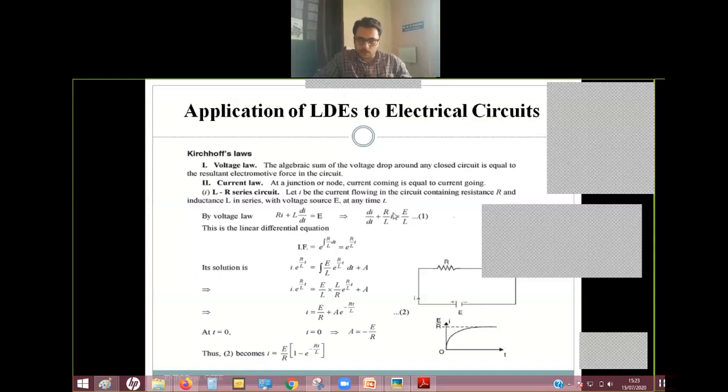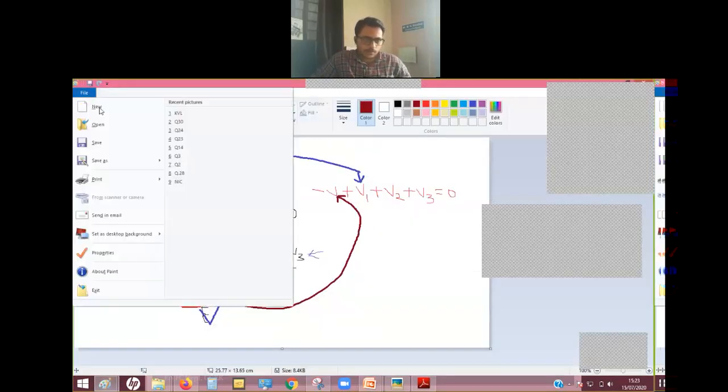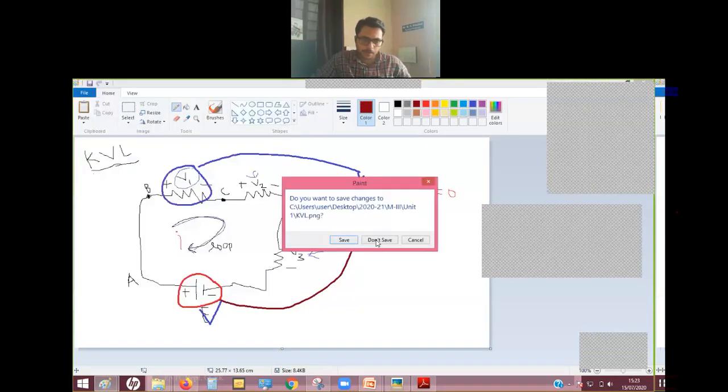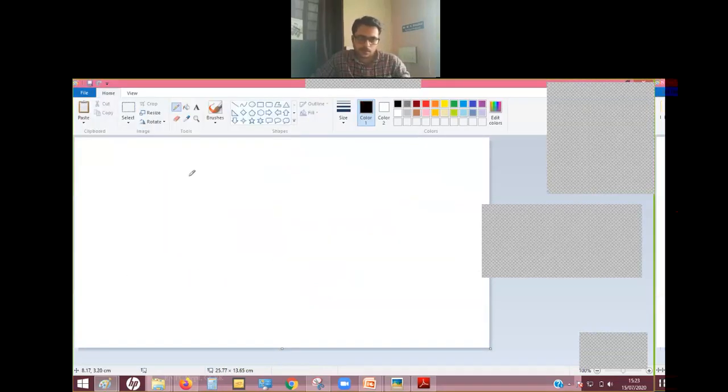Okay. So to understand, if you don't know, or to make it very clear, let's say this is the node N, and current is entering and leaving.